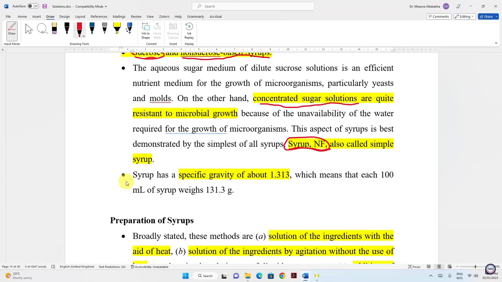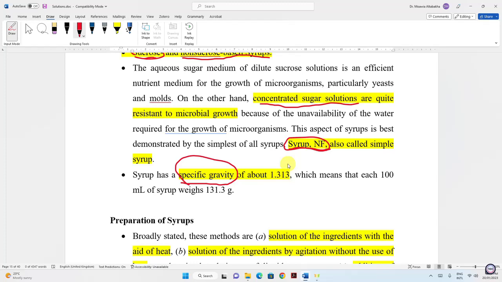One of the characteristics of syrup اللي هي specific gravity. Specific gravity is very similar to density. Okay, لما نحكي على density. Okay, so when you see specific gravity first, you should know that it has no units. This is very important.